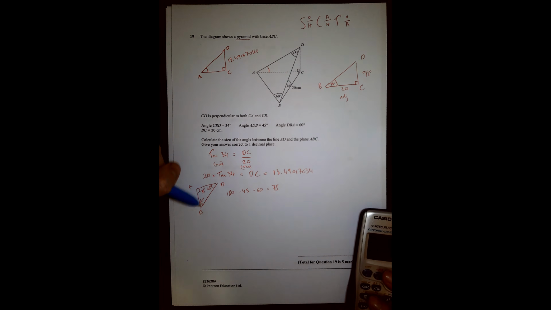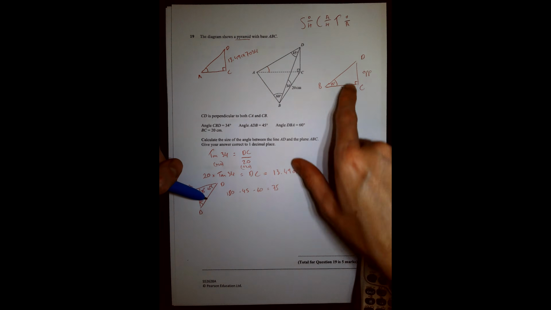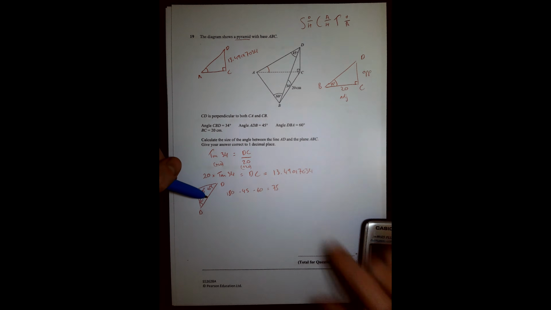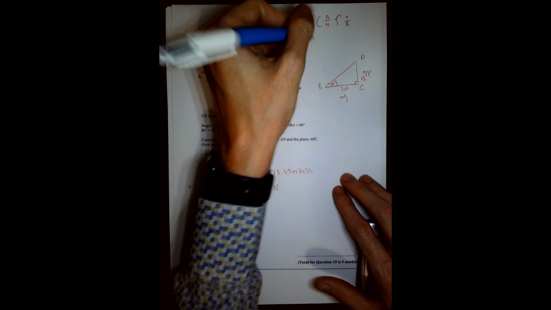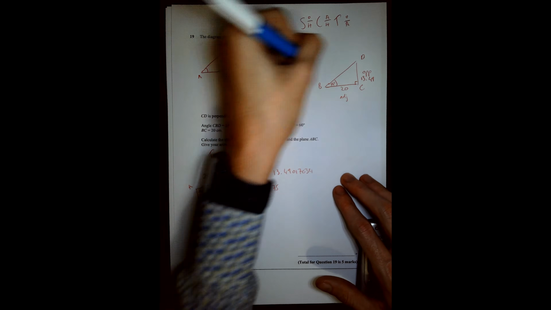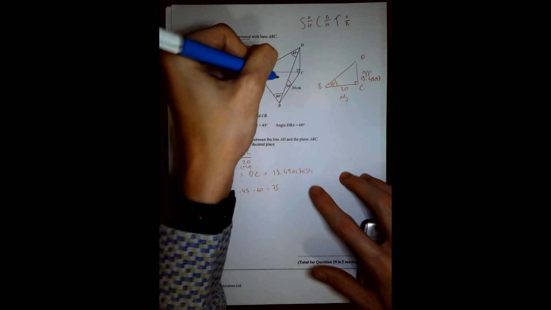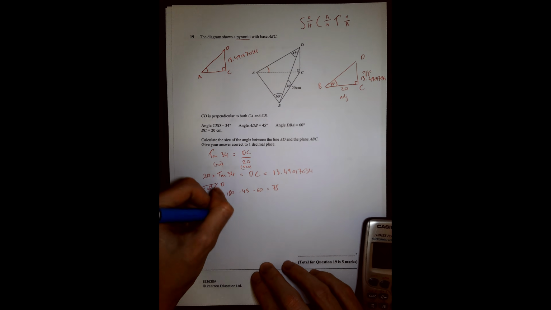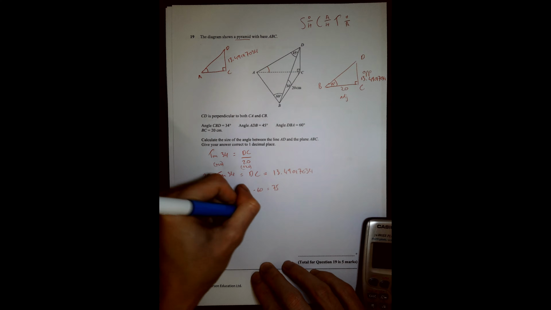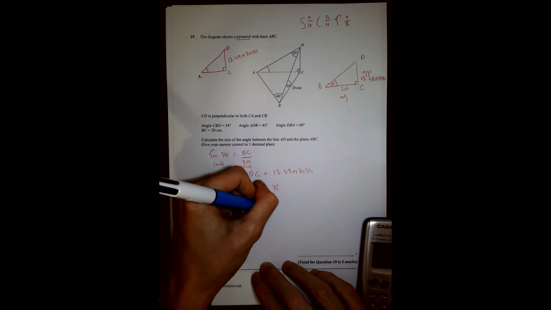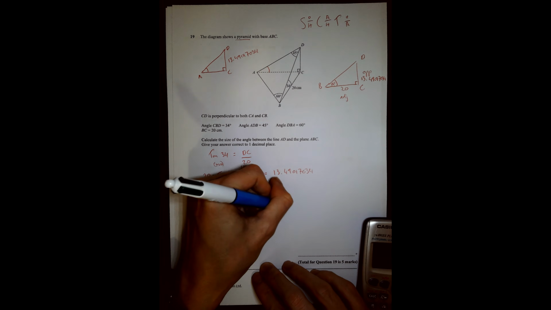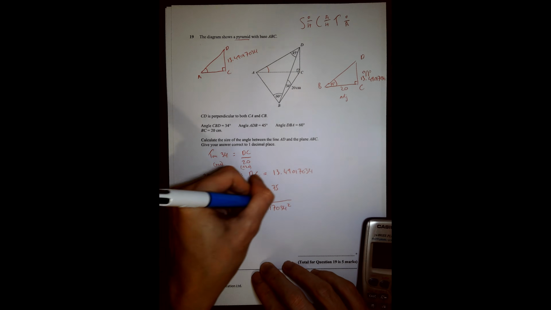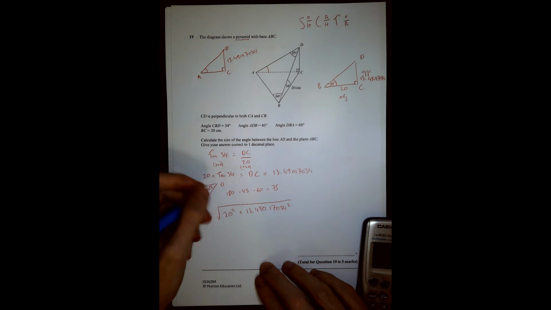Right, now BD. I can get BD by using my BDC triangle again, because I know the opposite now. I know DC. DC is 13.49017.034. Now it's a right angle triangle, so I can use Pythagoras. So 20 squared plus 13.49017.034 squared, and square root it, okay, to get your hypotenuse.